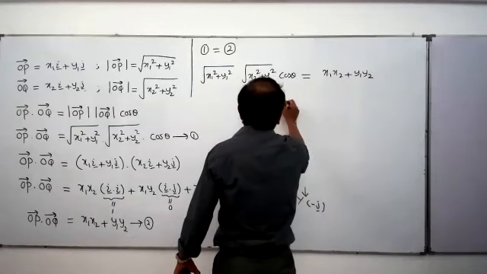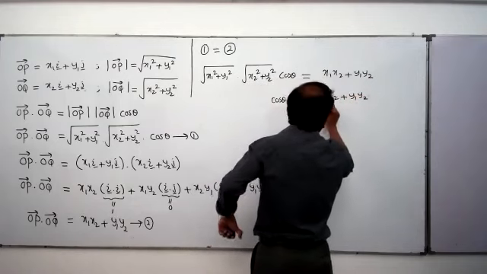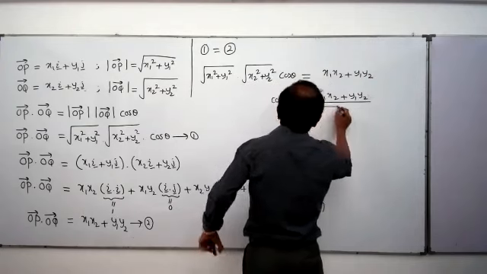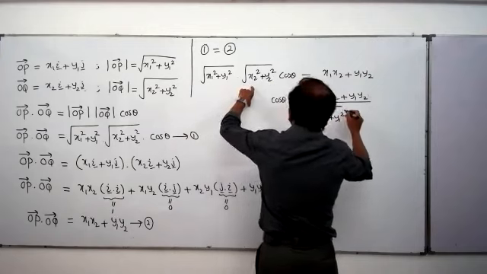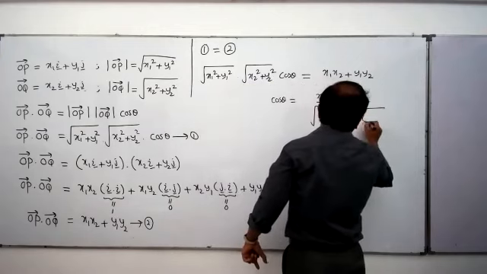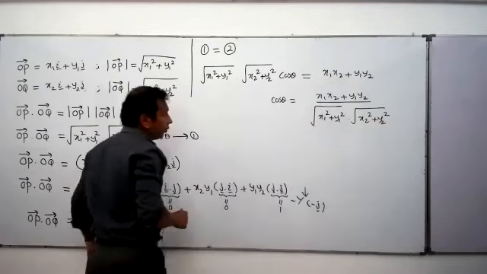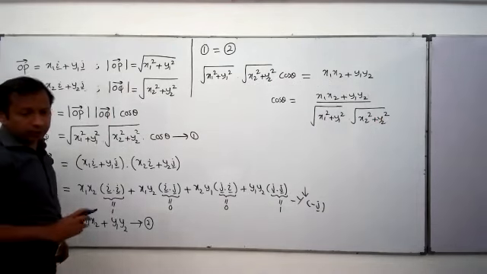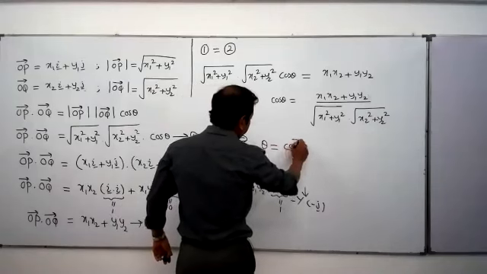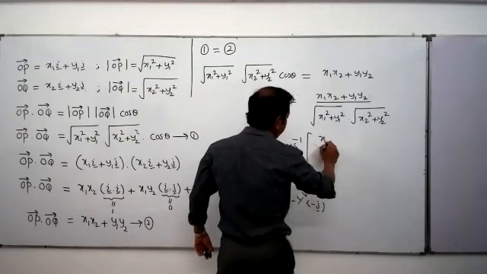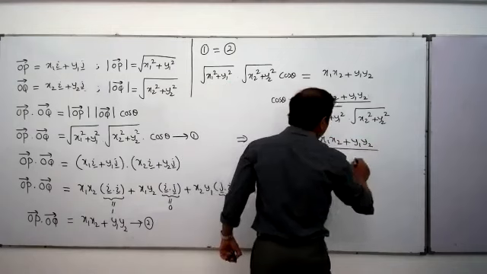Then cos theta is x1 x2 plus y1 y2 divided by the square root of x1 squared plus y1 squared into the square root of x2 squared plus y2 squared. Then you can make theta the subject: theta is equal to cos inverse of x1 x2 plus y1 y2 divided by this.